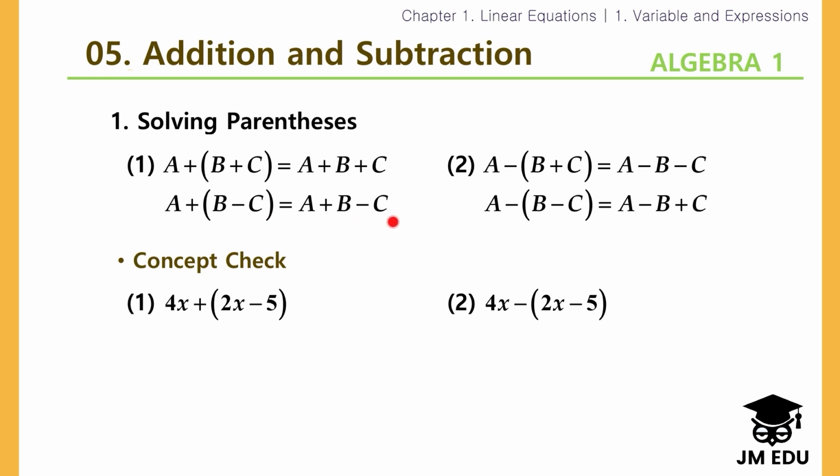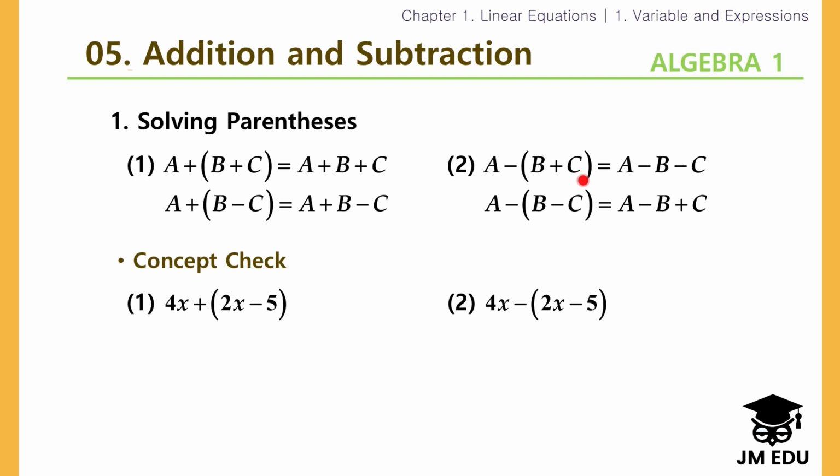Nothing changes. But number 2, if we have a minus parentheses b plus c, then minus times b, that's minus b, right? Minus times c, that's minus c. So this minus is multiplied to both of these terms in the parentheses.